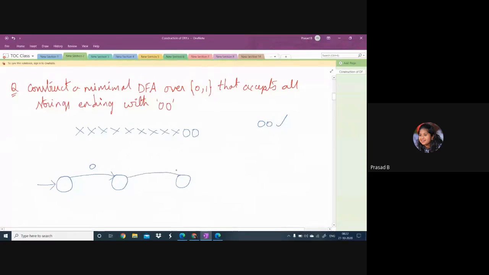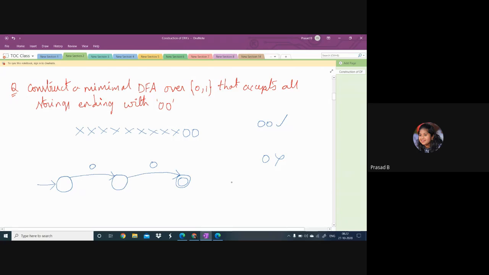And this is for second 0. Single 0 is not valid because it is not ending with 00. So that is the reason from initial on single 0 we are coming to this state, and it is a non-final state. It means not accepted. Okay, now this is the rough diagram.